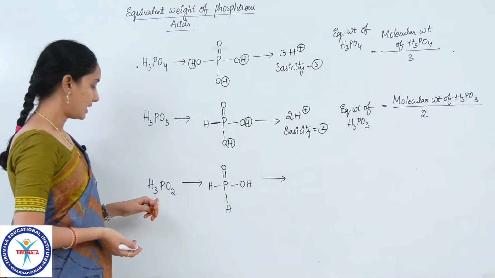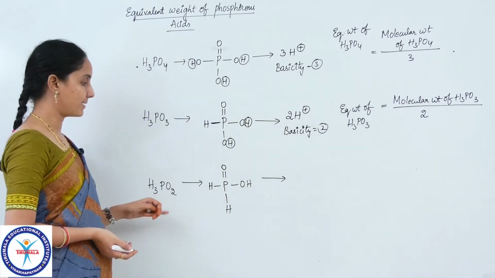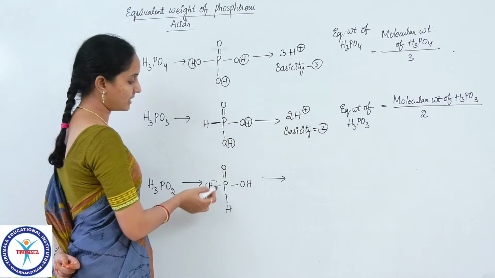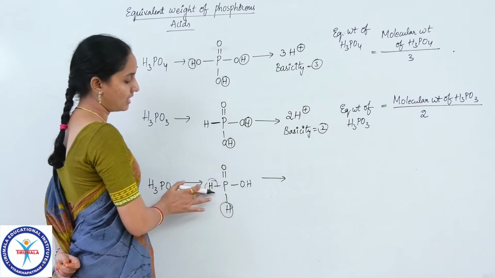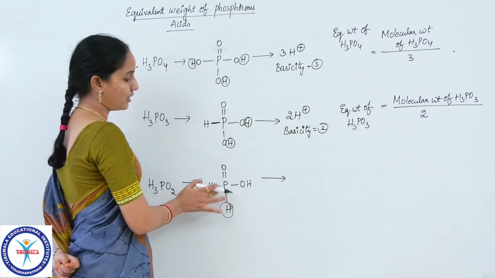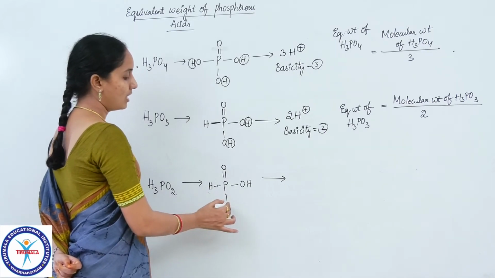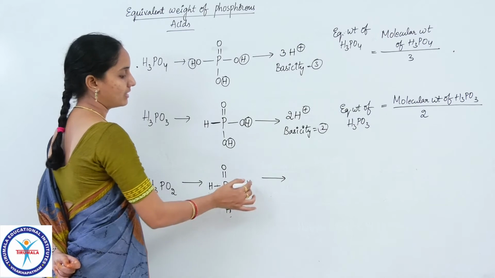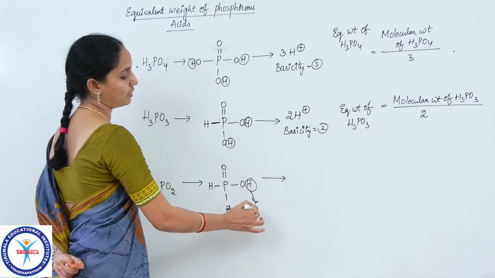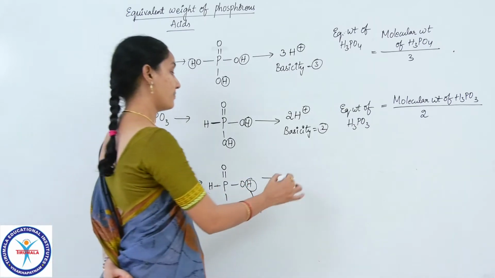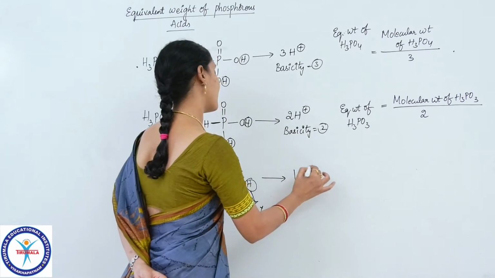Now in the case of H3PO2, children, here 2 hydrogens are directly linked to phosphorus, so they are not produced as H+ ions, whereas only 1 hydrogen is linked to the electronegative atom, oxygen. This will be produced as H+ ion. So how many H+ ions can it produce? 1.